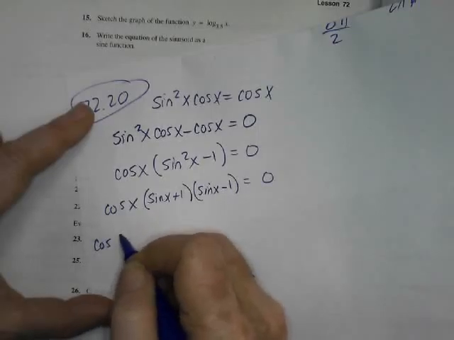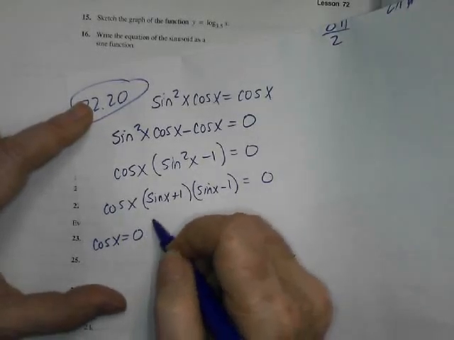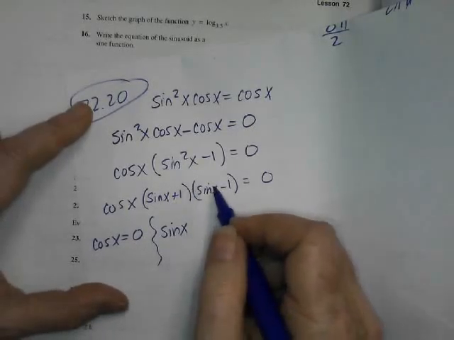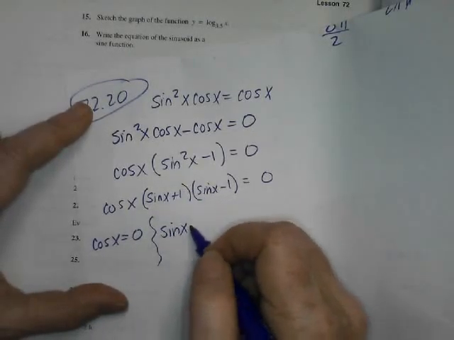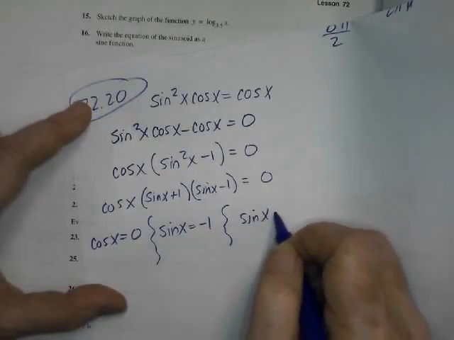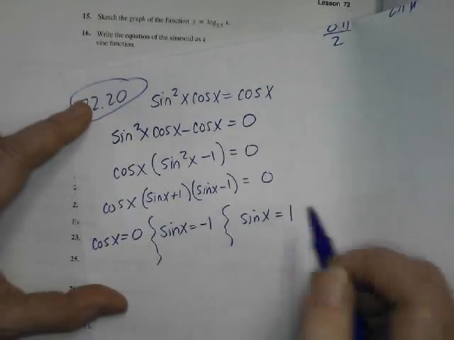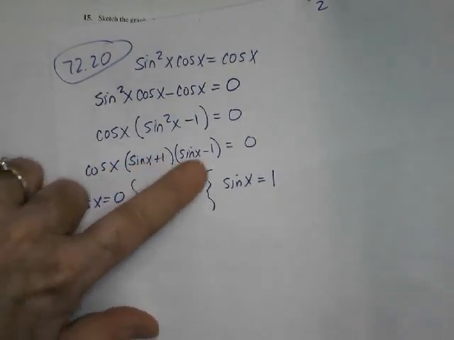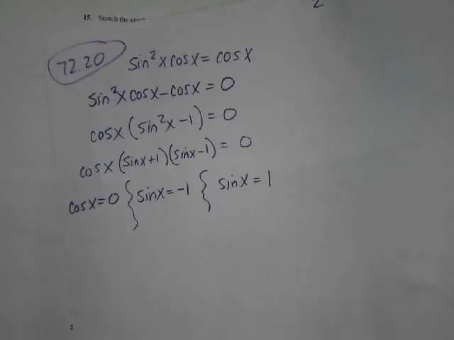So cosine x equals 0, sine x plus 1 equals 0, so sine x equals negative 1, and sine x equals positive 1. So three things can happen here because we have three factors. I set them each equal to 0.